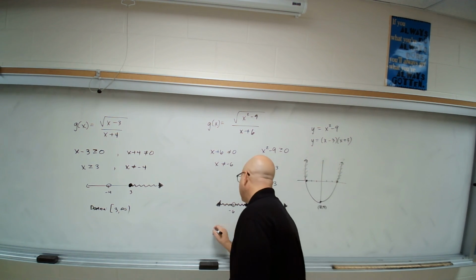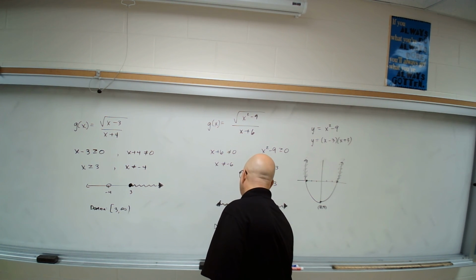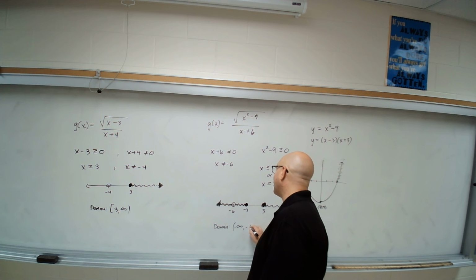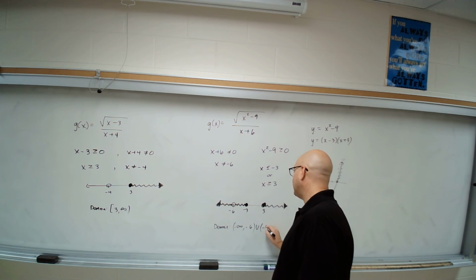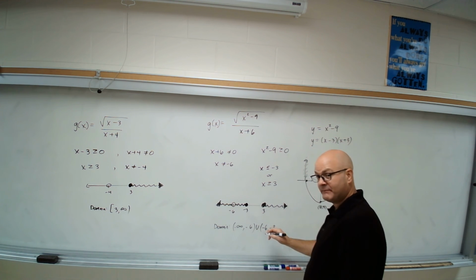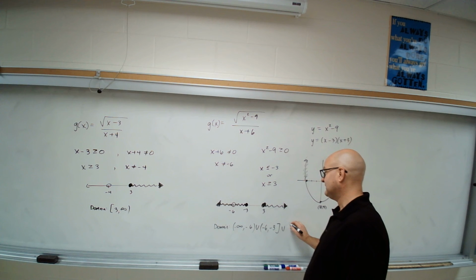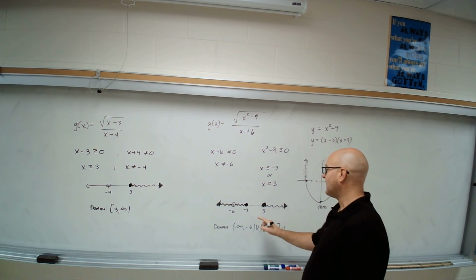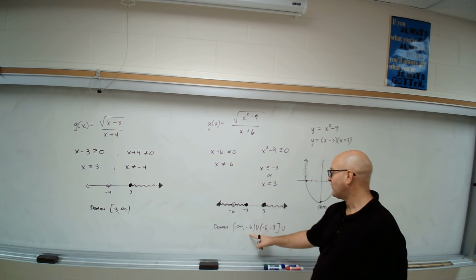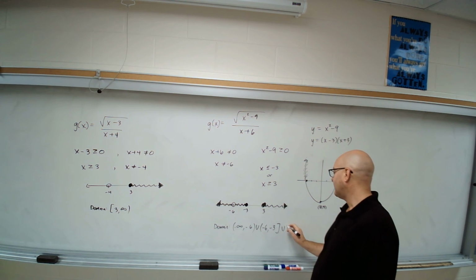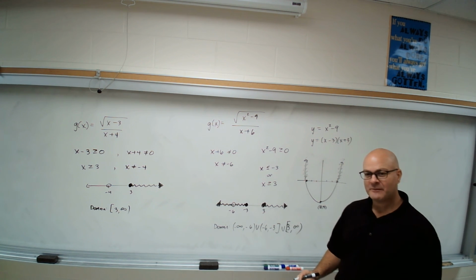So that's going to be negative infinity to negative 6, because we have to leave the negative 6 out. Union, negative 6 to negative 3 with brackets, union, 3 with a bracket, infinity with a parenthesis.